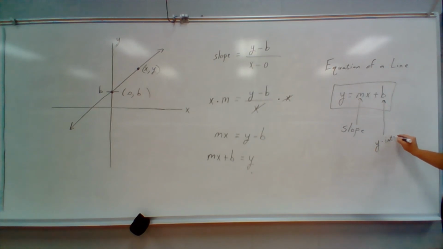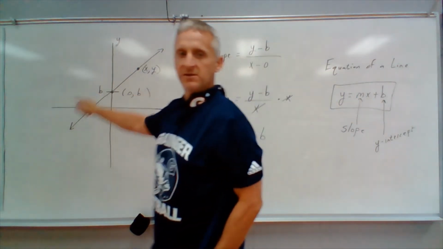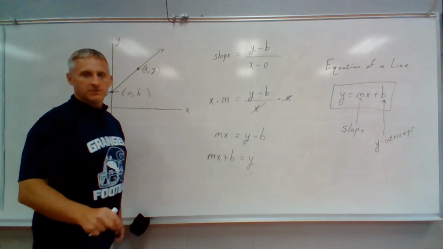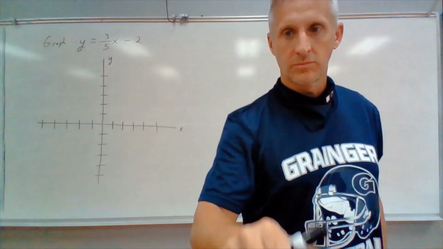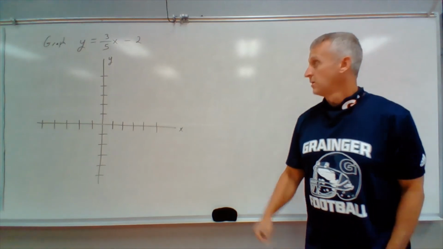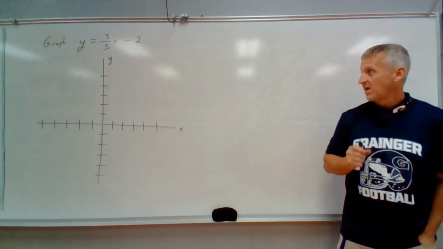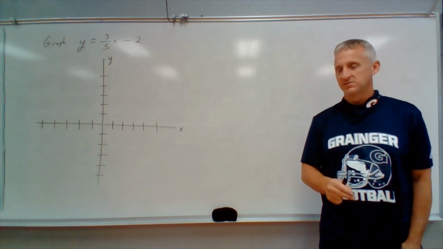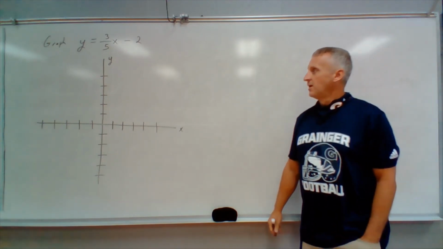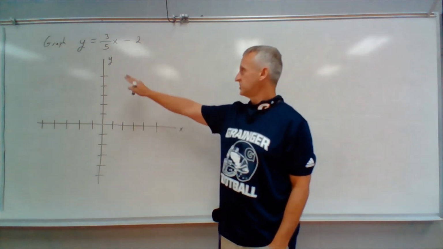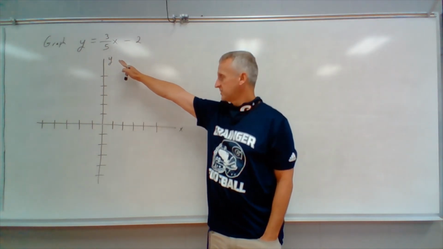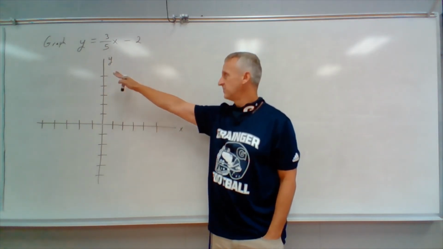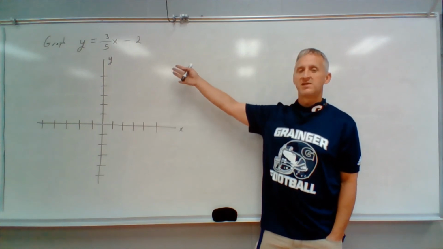All right, let's graph this equation. And by graphing the equation, I mean graph all the solutions to that equation. One way we could do it is to find some solutions like we did a few minutes ago. We could plug in any number we want for x, figure out what the y needs to be, and plot all those points. However, now we have an equation of a line, y equals mx plus b.